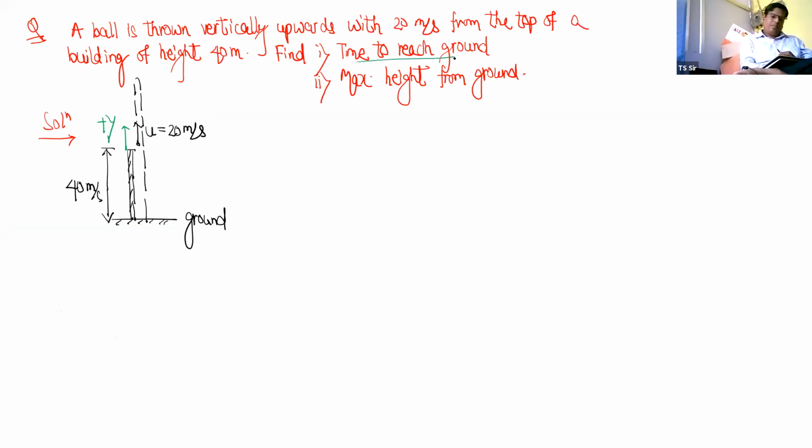So, time to reach ground. Let me use y equal to ut plus half at square. y is minus 40, u is plus 20, and a is minus 10. So this gives me minus 40 equal to 20t minus 5t square.